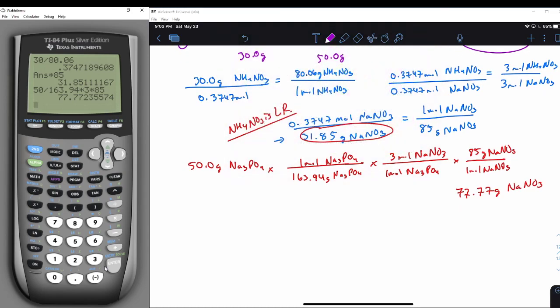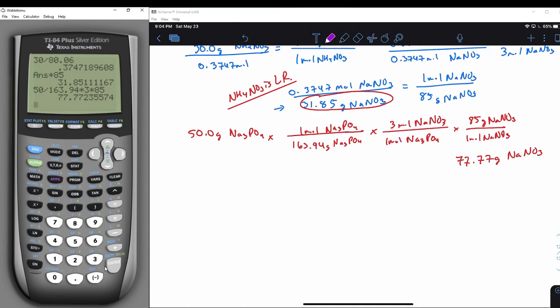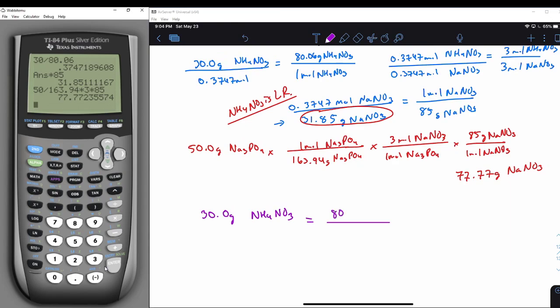Now that you know NH4NO3 is the limiting reactant, you can now solve for how much (NH4)3PO4 you could make. And so you would do it just like you did before. You'd start with the 30 grams of your limiting reactant. And I'm going to do the proportion method here. So here you would still just do it as 80.06 grams of NH4NO3 is 1 mole of NH4NO3. And you'd get the same 0.3747 moles.